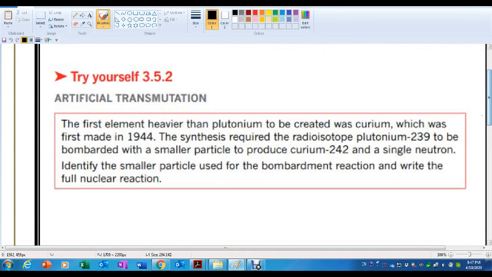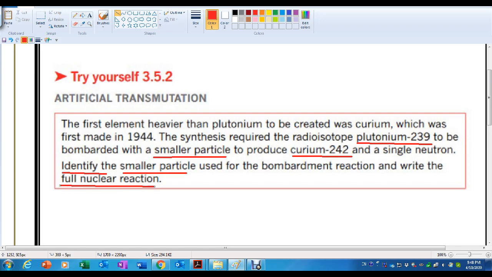Okay, so that's another try by yourself. This time, this one is from plutonium 239 to be bombarded with a small particle to produce curium 242. You need to identify the small particle used for the bombardment reaction and write the full nuclear reaction.